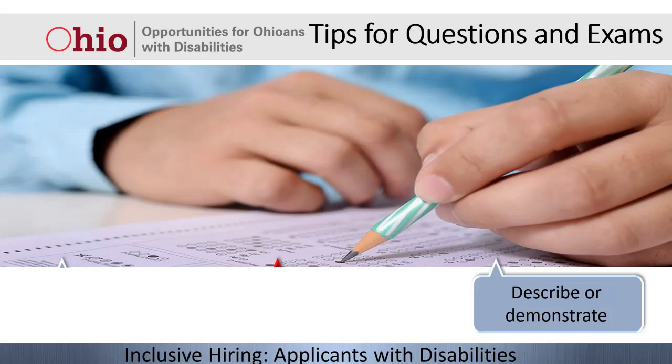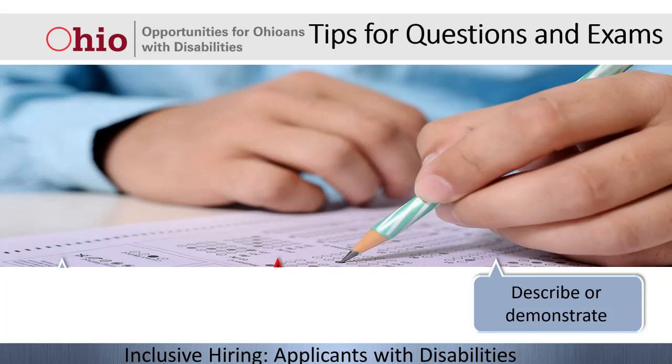However, if an applicant has a known disability and you reasonably believe the disability may interfere with or prevent the applicant from performing a task, the applicant may be asked to describe or demonstrate how this task would be performed, even if other applicants are not asked this question.